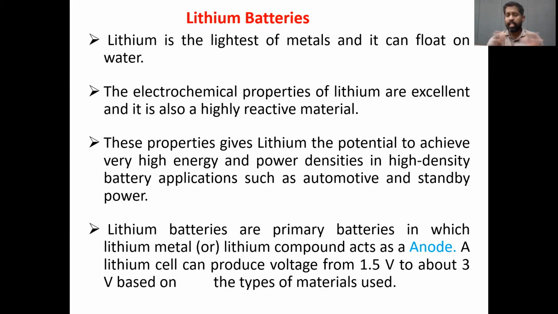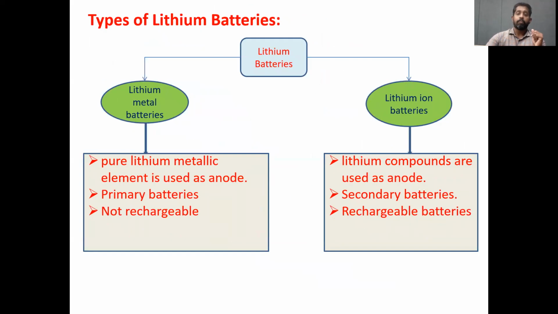We'll see the different types of lithium batteries we have. When you classify lithium batteries, we have two types: lithium metal batteries and lithium ion batteries. We are focusing more on lithium ion batteries because the syllabus requires it.